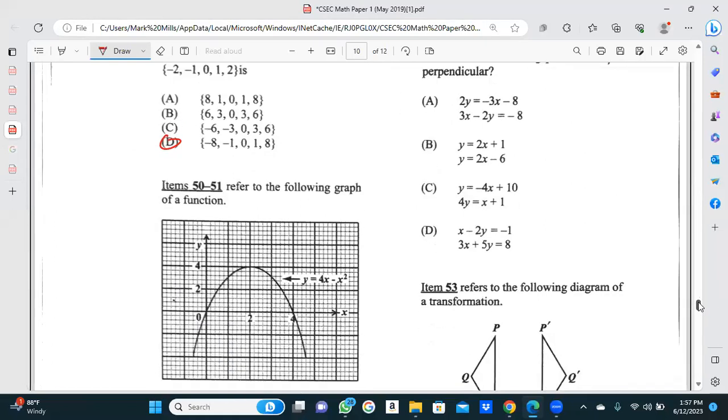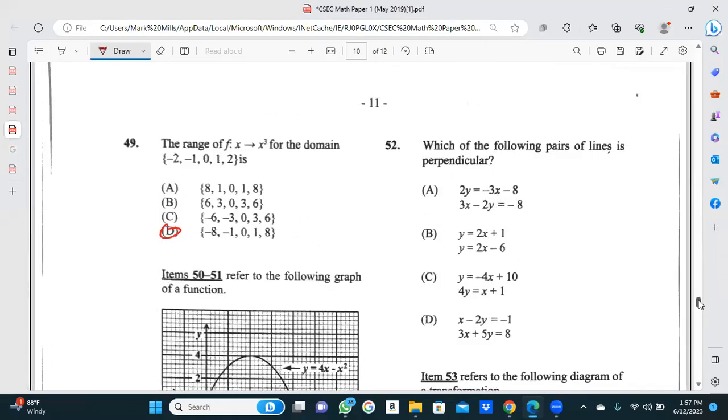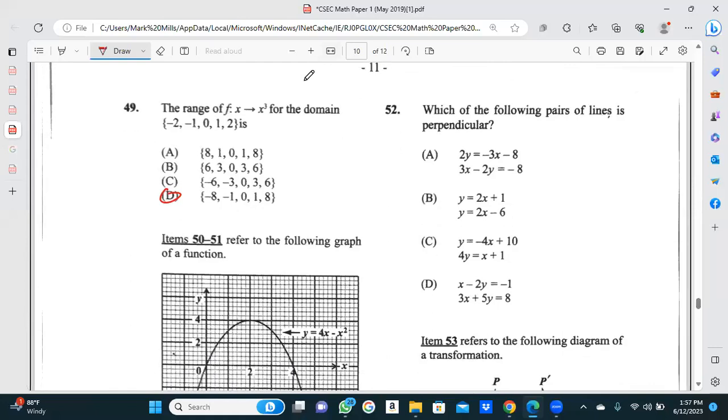Excuse me, sir. Can you explain number 49, please? Number 49. Okay. They say x cubed, right? So you have to get negative 2 to the 3rd power, then negative 1 to the 3rd power. Negative 2 to the 3rd power, what do you get?